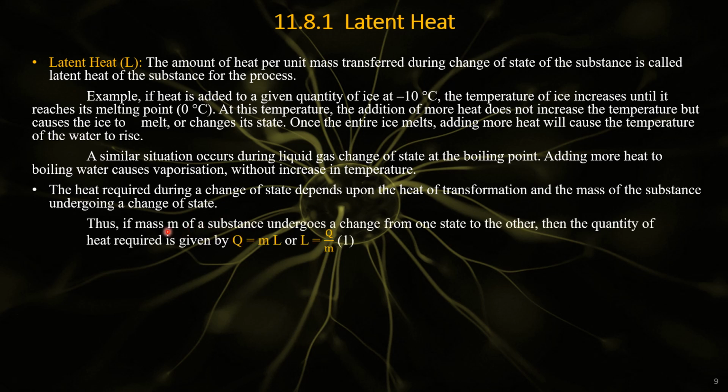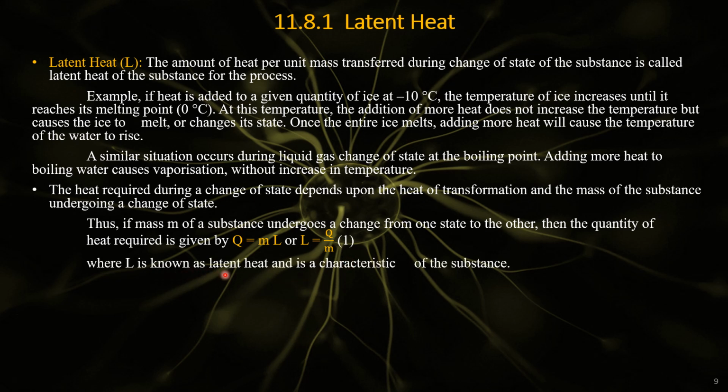Thus, if a mass m of a substance undergoes a change from one state to another state, then the quantity of heat required is given by Q is equal to m into L, or L is equal to Q by m. Here Q is the quantity of heat and m is the mass. Let it be equation 1.